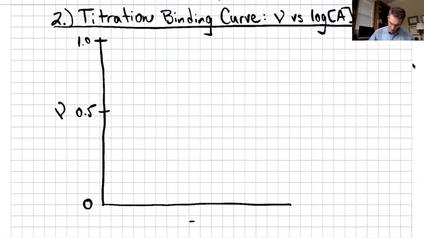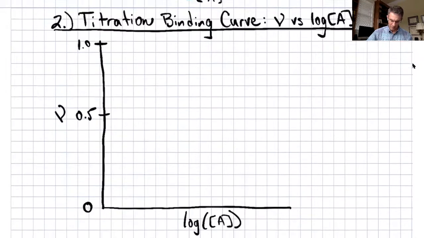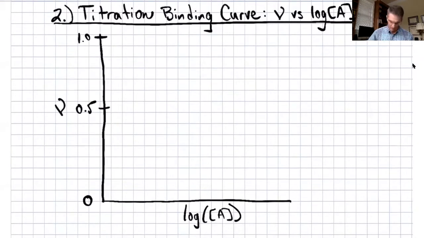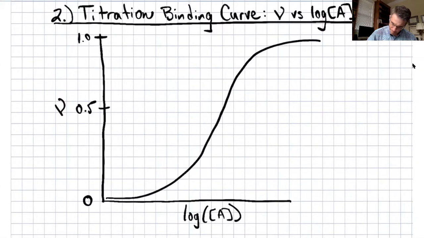Of course, now, like I said, we're looking at the log of the concentration of A. Or again, technically it can't be concentration, as we're playing around with these concentration values and these logarithmic expressions. So when you do this, you use the log transform of the number, right? What happens to the binding curve is it does something like this. It turns from that hyperbola into something sigmoidal, right?